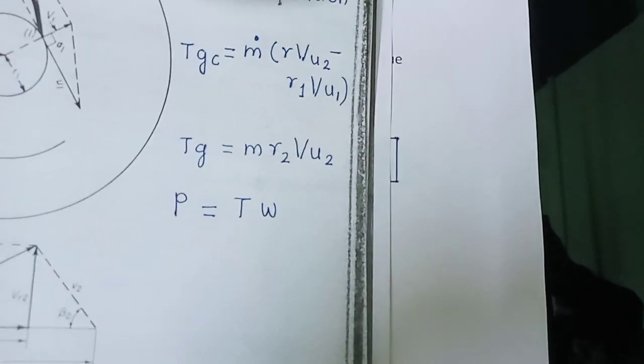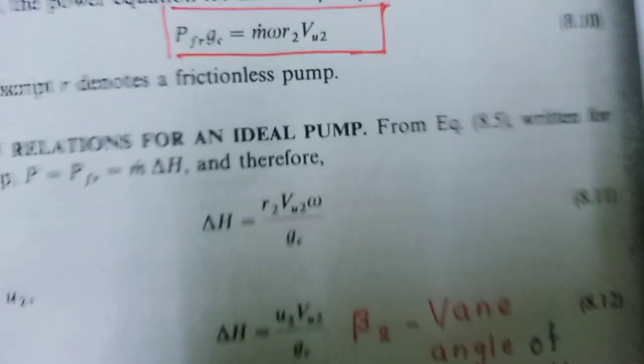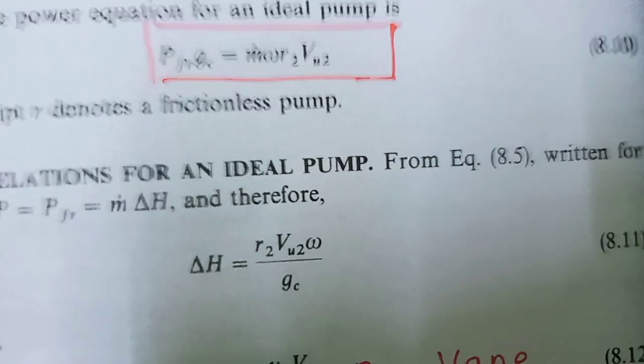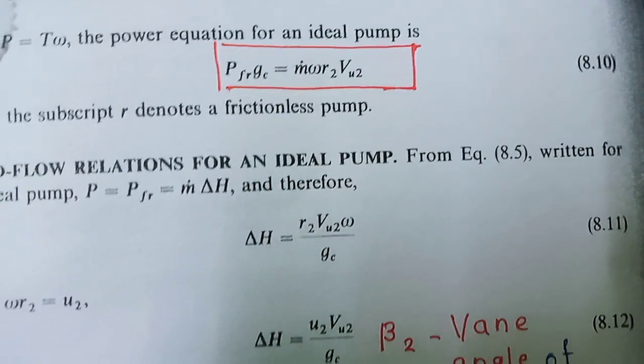Now power is equal to tau into omega, so it is m R2 VU2, so this power is equal to m omega R2 VU2.